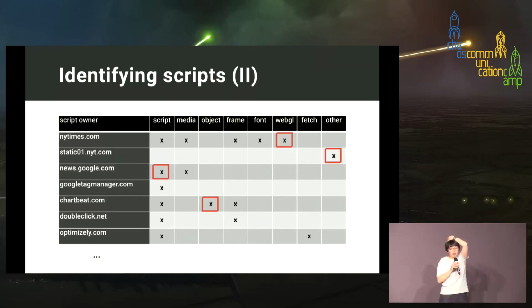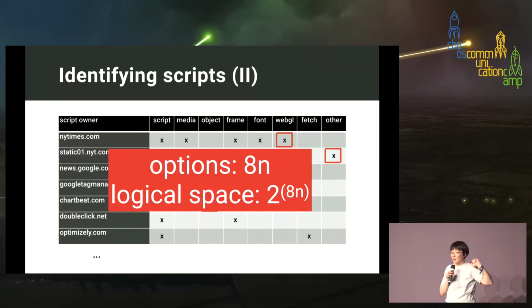Well, and not all of the script owners might have them, right? So perhaps you want to say, I kind of want to block scripts from news.google.com and WebGL coming from NewYorkTimes.com. Whatever, I have all the options. Now, if you think about these 8 different types of scripts, and let's say you have n scripts on a site, you actually have 8n options, right? That's a matrix of 8n options.